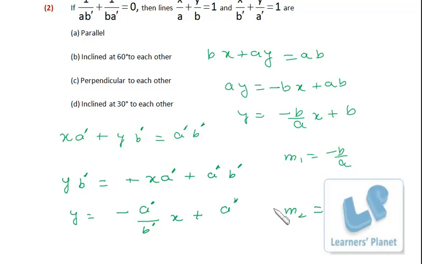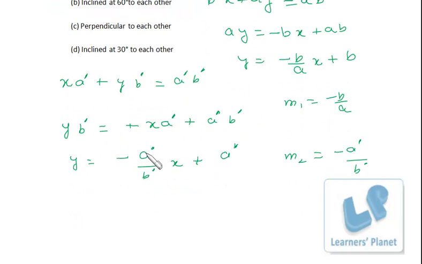So m2 is equal to minus A dash by B dash. Now we have got m1, we have got m2. Since we don't know whether the lines are parallel, perpendicular or at some angle, we try to find out the angle between the two lines. That's very simple: tan theta is equal to m1 minus m2 upon 1 plus m1 m2. That is the formula we have already discussed.